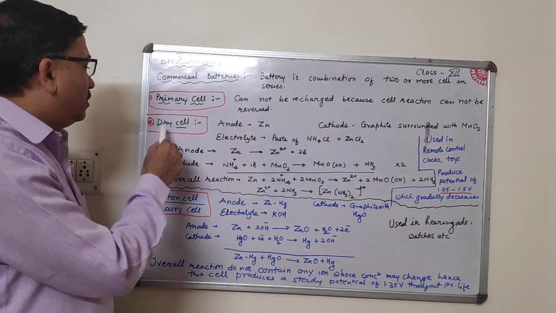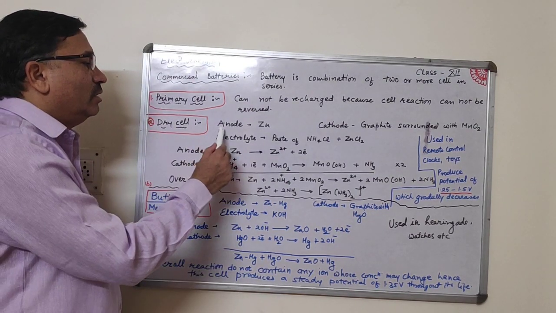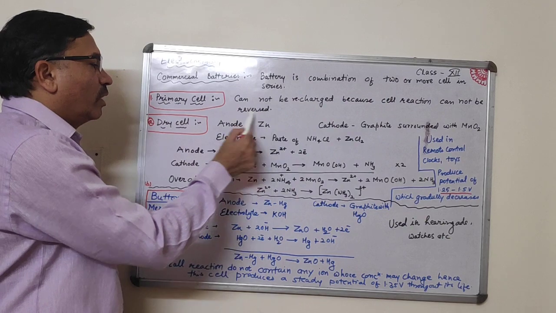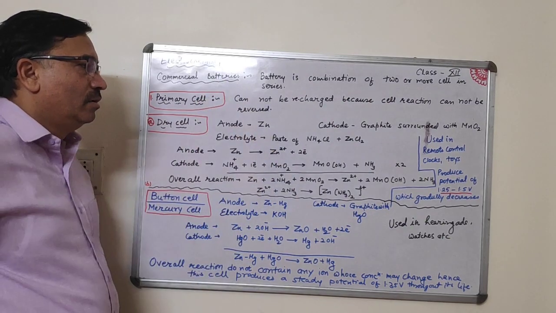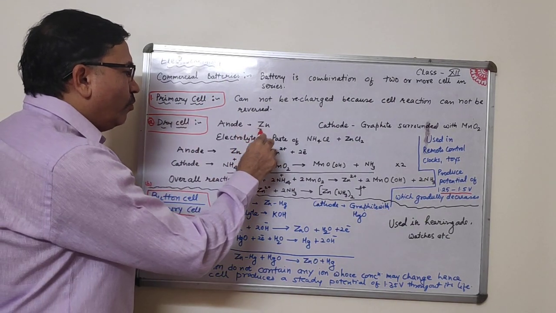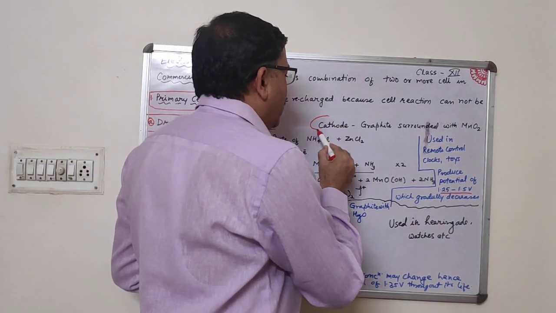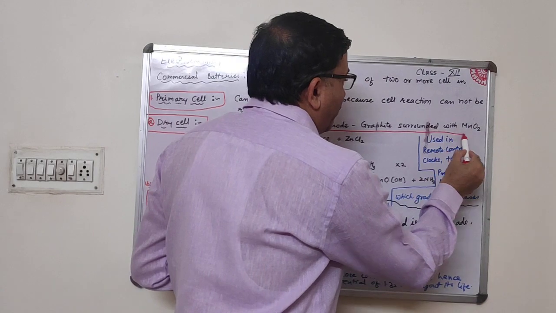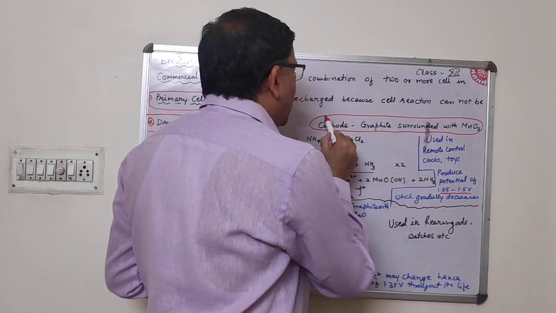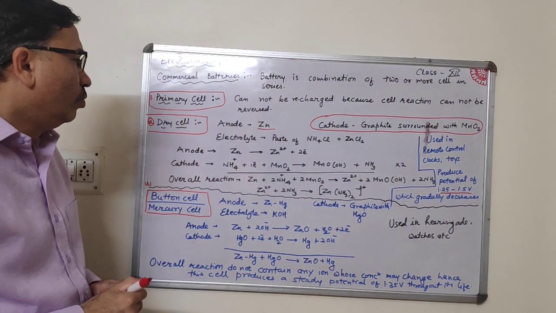In this dry cell, we use an anode of zinc, then we use a cathode of graphite, and that graphite is surrounded by manganese dioxide, MnO2.